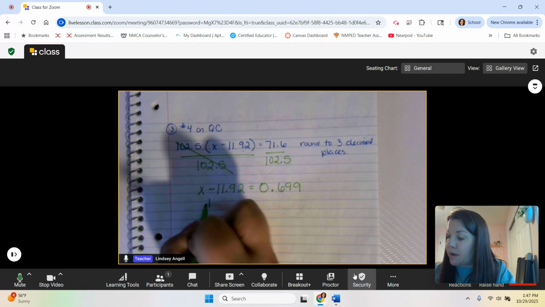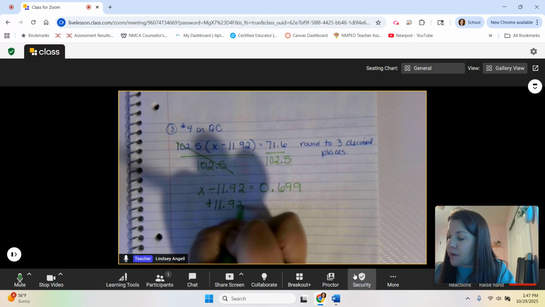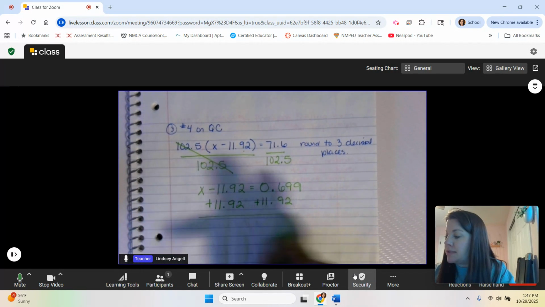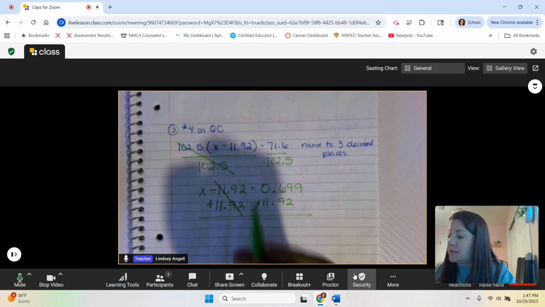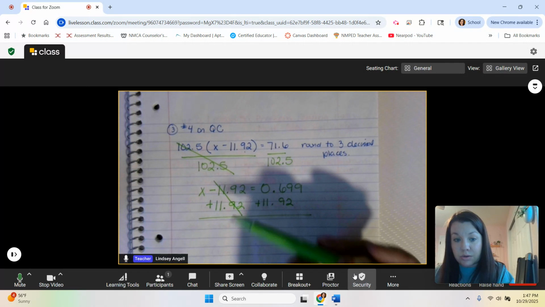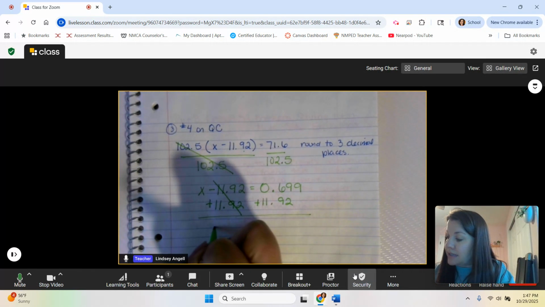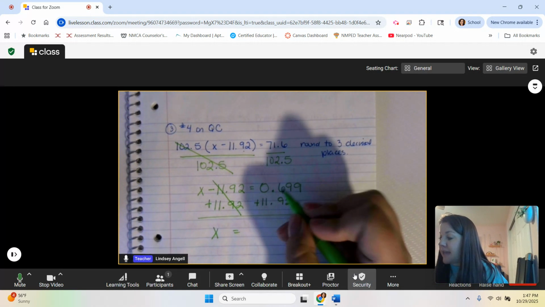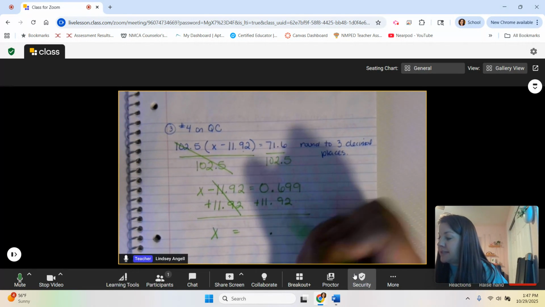Right now we are subtracting 11.92. To get rid of it, we're going to add 11.92 to both sides. Cancel that out because negative 11.92 plus 11.92 is 0. So those cancel, and we're left with x on the left. And then to add these together, I already lined up my decimal.